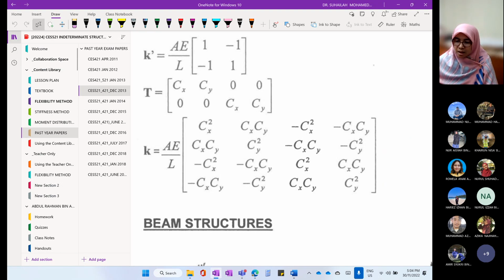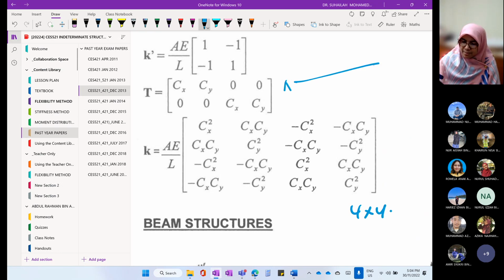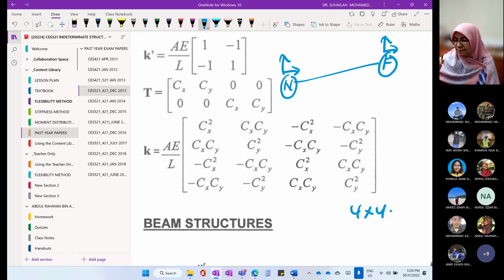Both are accepted. So this is the formula. Each K will be a 4 by 4 matrix, because for one element the near end has 2 and the far end also has 2, so we always get a 4 by 4 matrix.